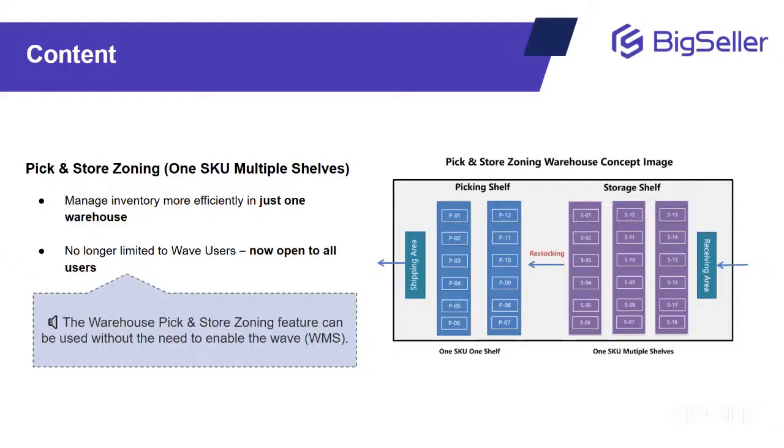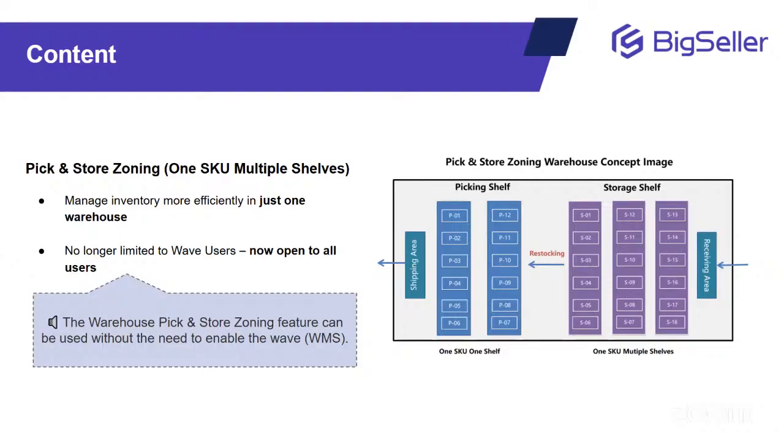After you watch this session, you'll find this feature is very simple and can make your warehouse operation more convenient. In the past, this feature was only available if you enabled the shipment feature, which meant the Pro plan or higher. But now we have removed that limitation. This way, more users can easily manage their inventory with pick and store zoning.